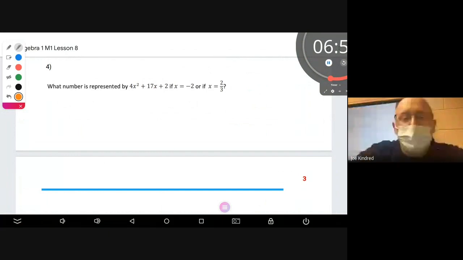Okay, so not all of them are as easy as just plugging in 10. So this one, you see there's a big difference. We're plugging in 2/3. We're going to do the same exact thing you saw me do earlier. I'm going to rewrite the expression, except every time I see an x, I'm going to put parentheses, and then I'm going to go back and put in 2/3.